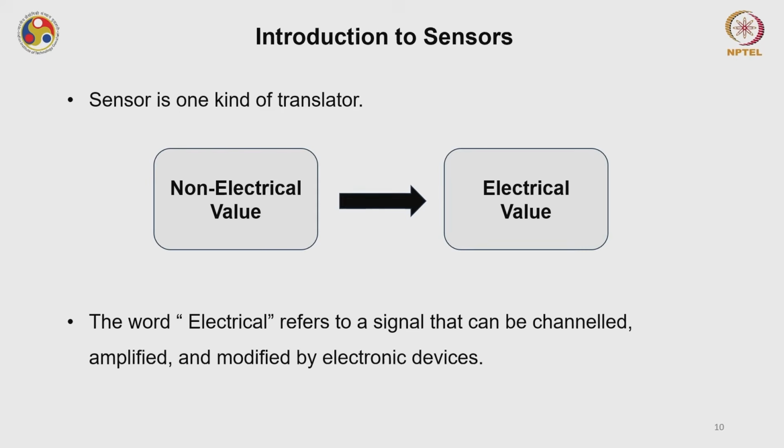Say, consider a capacitive sensor. As you know, the capacitance of a parallel plate capacitor is defined as epsilon A by D. Say this is a parallel plate capacitor, and you have some dielectric material over here.